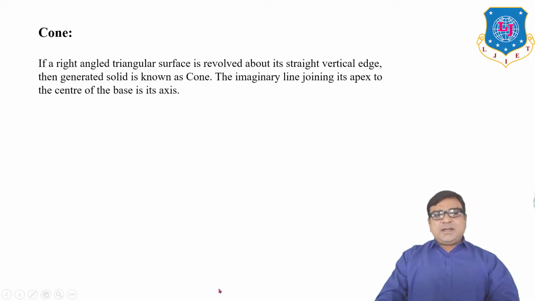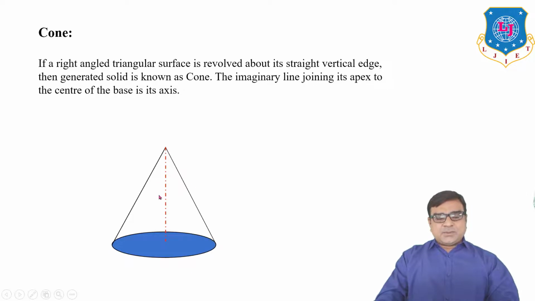So here the cylinder and this cone are examples of solids of revolution. A solid is made when a right angle triangle surface revolves about one side fixed. Then the volume covered by that surface during one revolution is known as a cone.